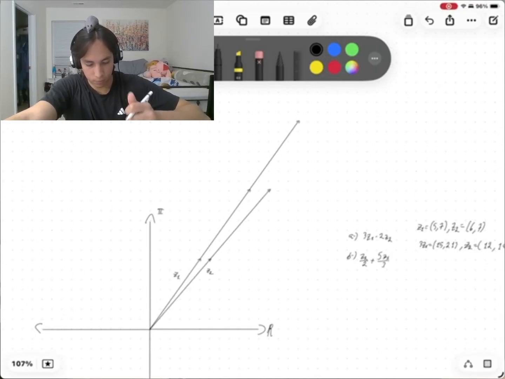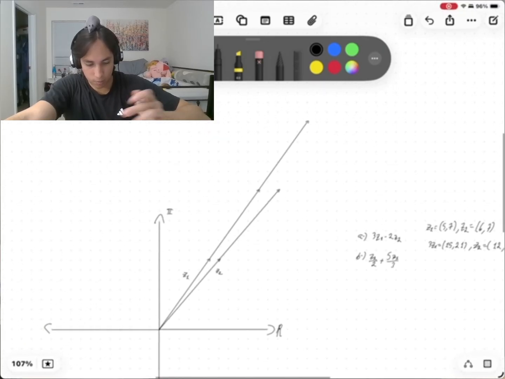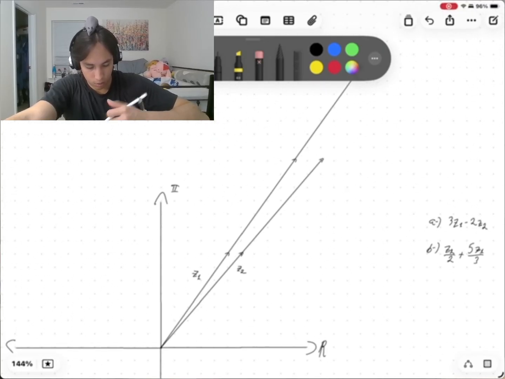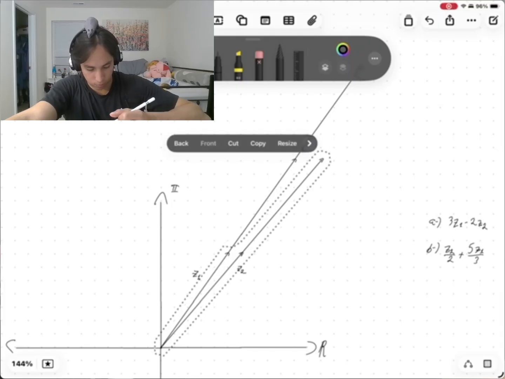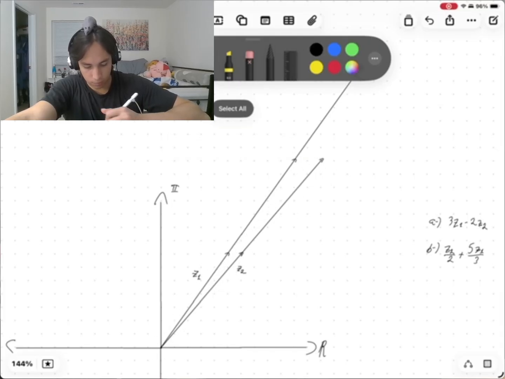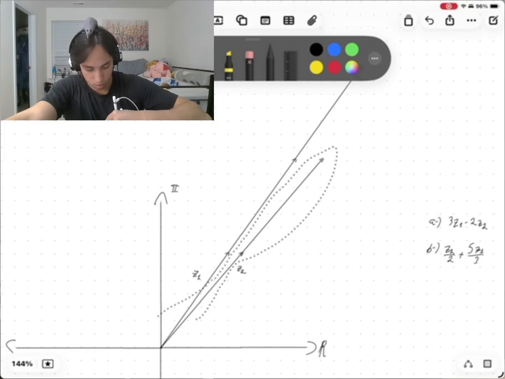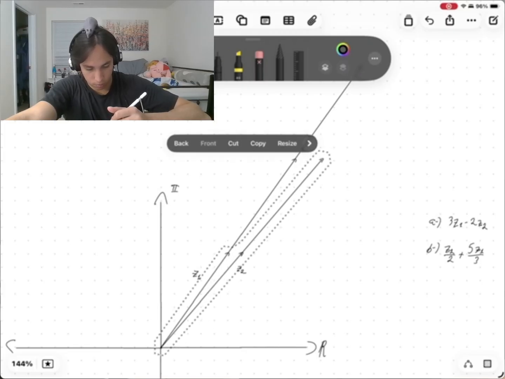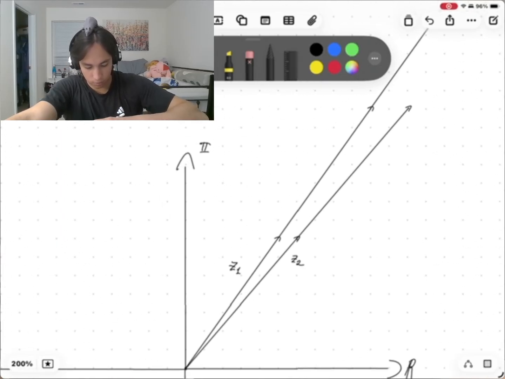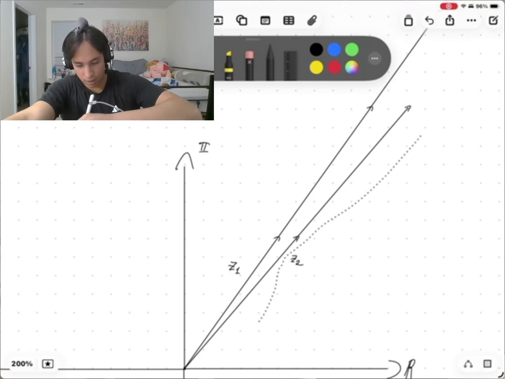All right. So the way we add them is still the same. I'm going to take the smaller one. Let me get just a z1.